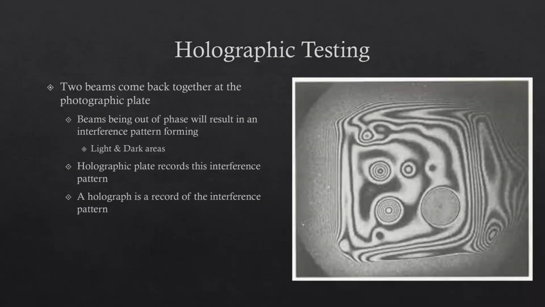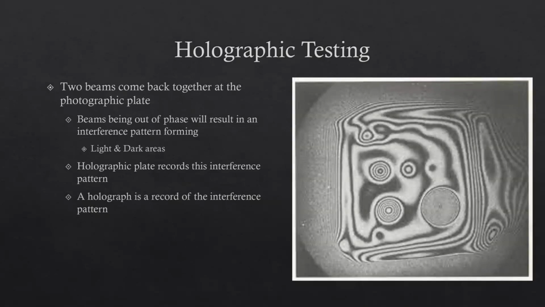What that'll do, the beams being out of phase, is they're going to basically create an image on that holographic plate that is light areas and dark areas. Okay, so the light and the dark in this image here is the result of those areas where there's constructive and destructive interference of those different light beams taking place.